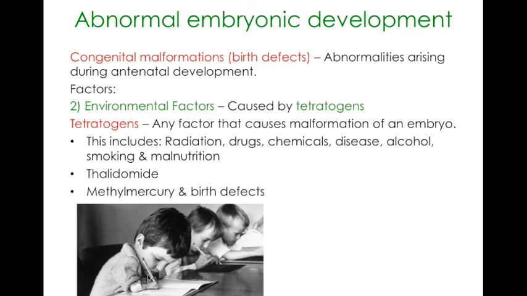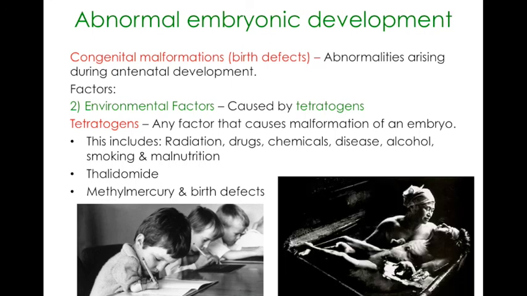Okay, mercury. You can often hear stories about how mercury can affect child growth. Too much mercury also affects the development of babies. There was a period of time where mothers were using mercury in things like makeup, and that went into the bloodstream, through the placenta and into the child.